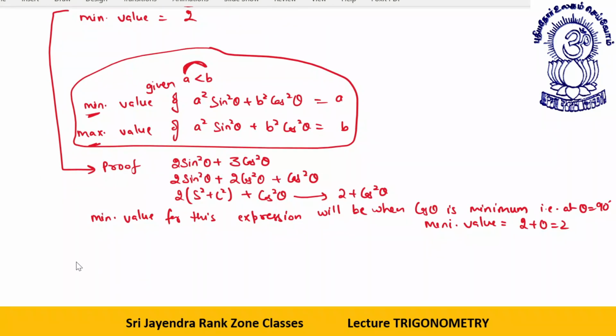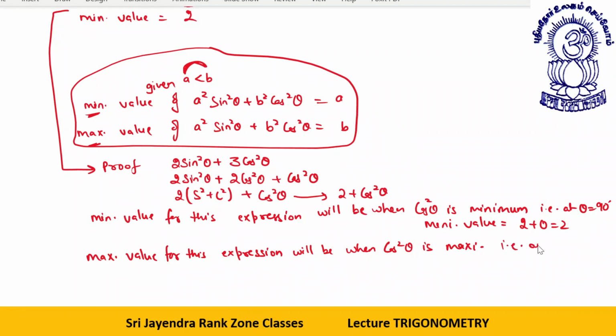Now, the maximum value for this expression will be when cos square theta is maximum, that is at theta equal to 0 degrees.